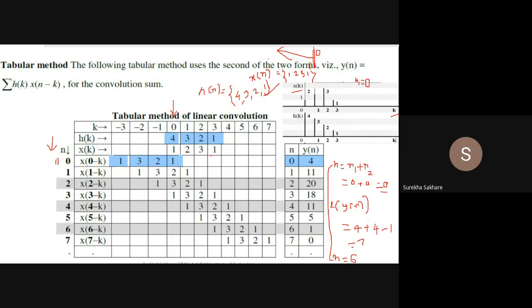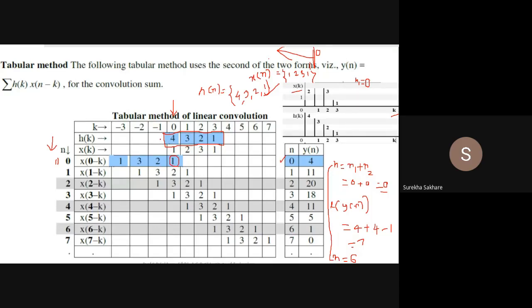Now what is my duty? My duty is to find y of n. So what has been done here? See, at n equal to 0, y of n is 4. How is it? That is what we had obtained in the graphical method. Just see that I have to take this into the picture. I have to multiply the overlap. Now in this part, who is overlapping? There is no signal for this.